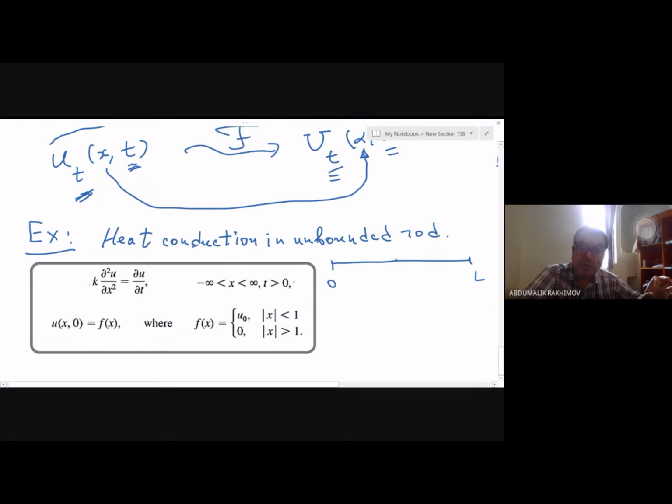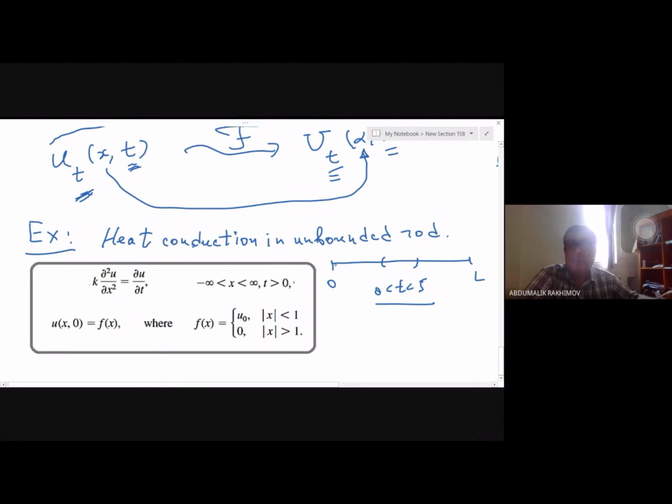My research is focused on somewhere in the middle of the rod, and I want to make an experiment during 5 seconds. Will there be any influence of boundary conditions? No. Boundary conditions will have some impact in the middle, of course, but it takes time. Maybe less than 5 seconds.